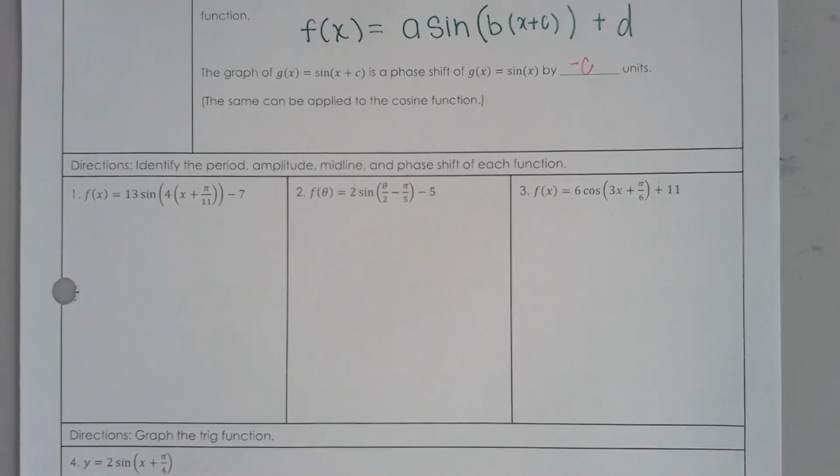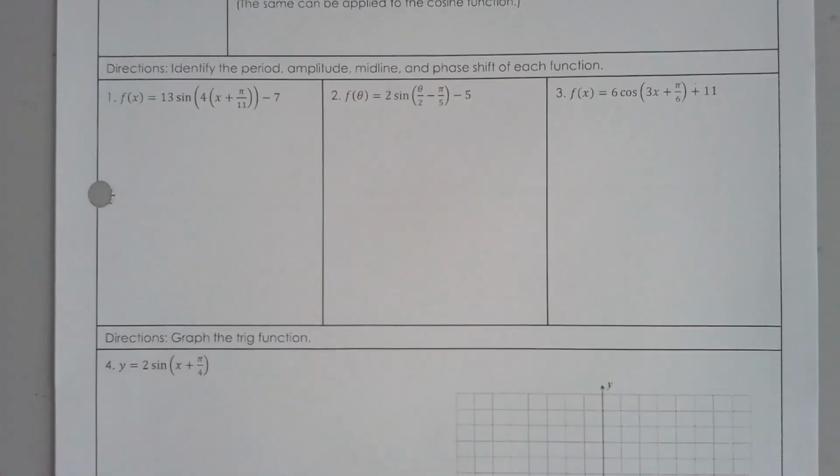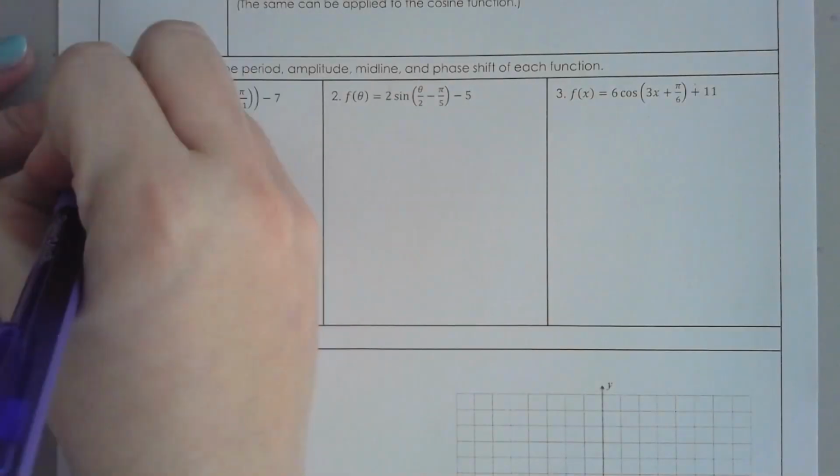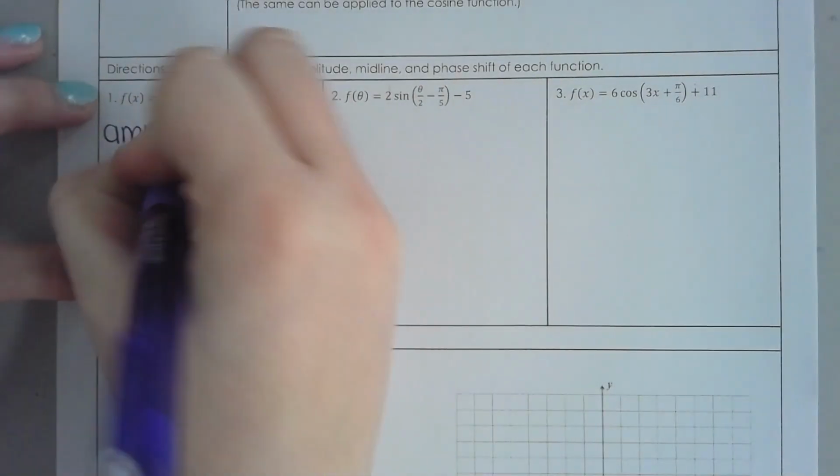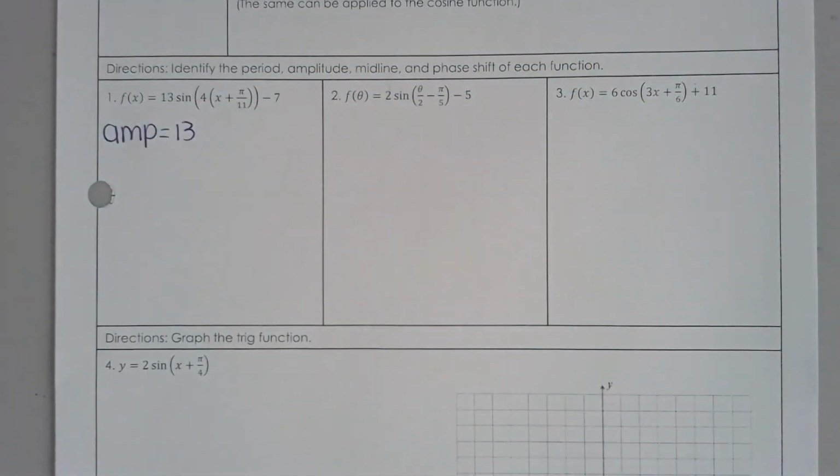All right, so number 1, we're not going to graph or anything yet. We're going to identify all the parts. So we have everything that we had yesterday, but plus a phase shift. So what is my amplitude? 13. Remember, the amplitude is the distance from the midline up or from the midline down.